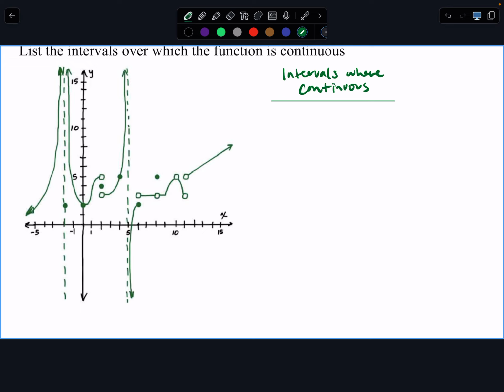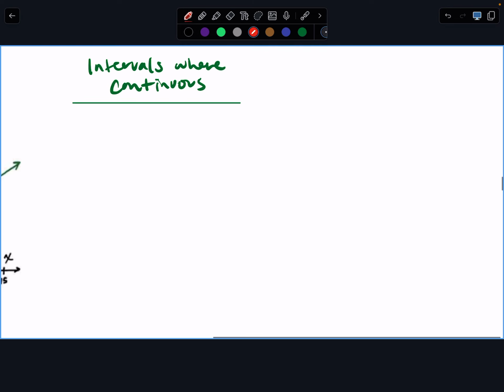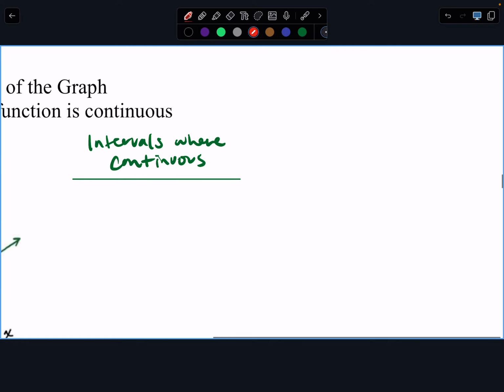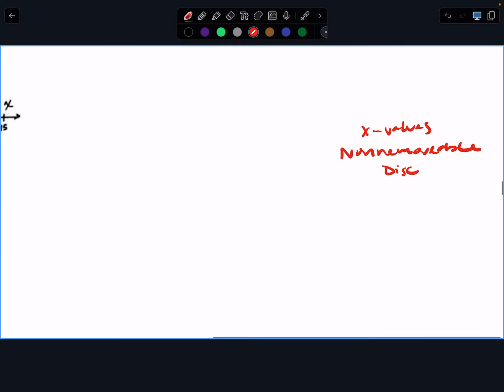So that could be open, it could be closed, it could be half open intervals. And I also want you to specify the x values where there are removable discontinuities. Don't start yet. And the x values where there are non-removable discontinuities.